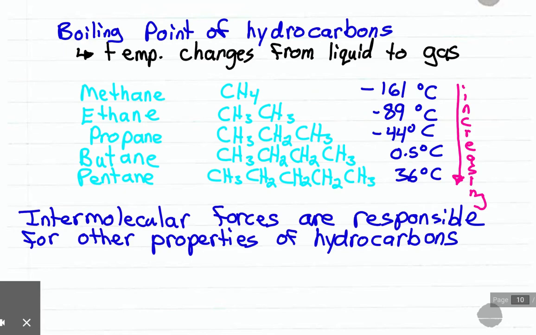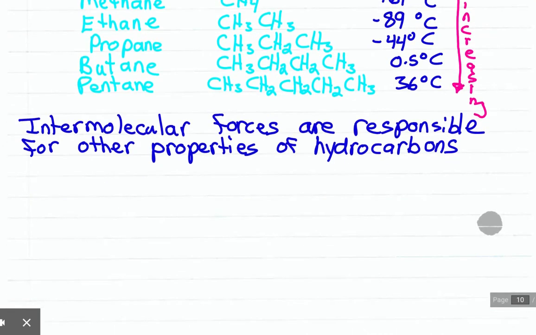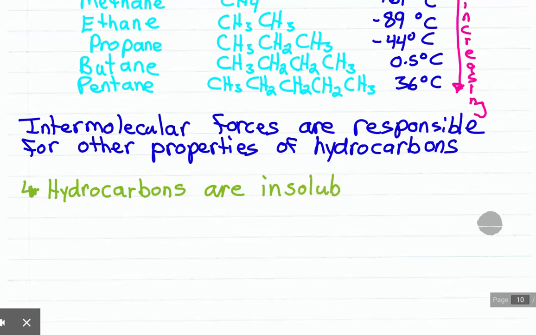So one of the big properties of hydrocarbons is the fact that they are insoluble in water. So just like if you went to try to mix oil in water, and we notice that they don't mix, hydrocarbons also will not mix in water. And when they don't mix in water, we say that they are insoluble in water.